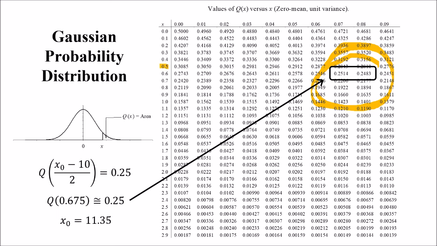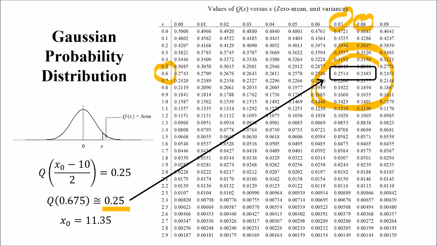Well, see, this is between 0.67 and 0.68. So the entry halfway in between I'm going to take is 0.675. That would be halfway in between. So I'm observing that Q of 0.675 is about 0.25.